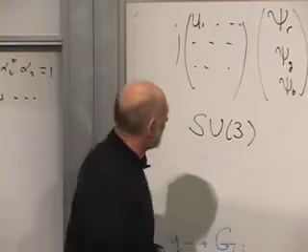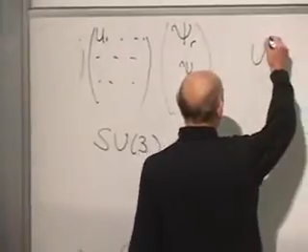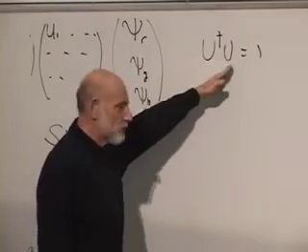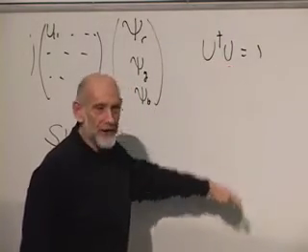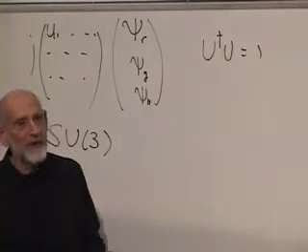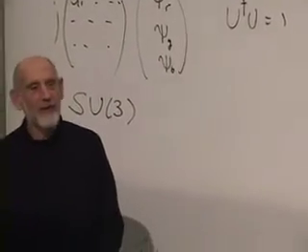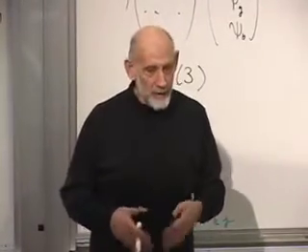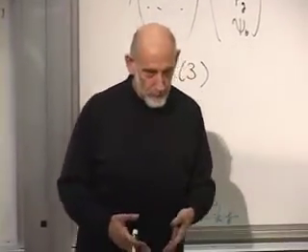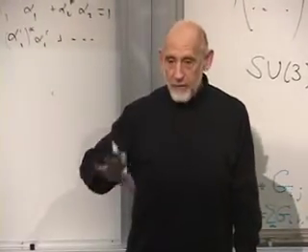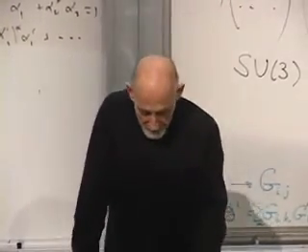You have the equations U dagger U equals 1. There are 9 such equations, one for each entry in the matrix. So that's 18 minus 9, and then we set the determinant equal to 1. 18 minus 9 minus 1 is 8 independent parameters. It's an 8-parameter group, just like the rotation group is a 3-parameter group.